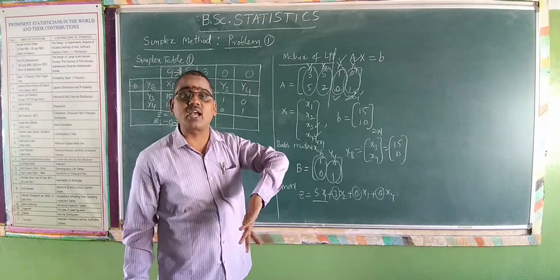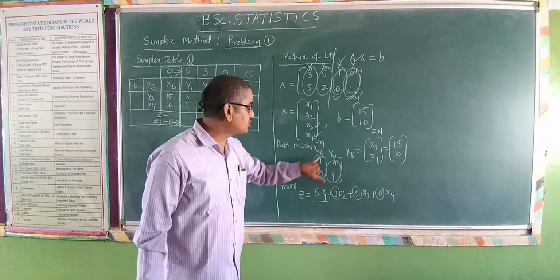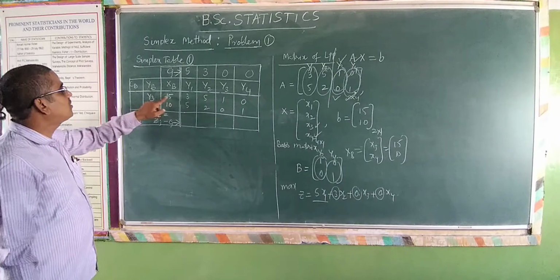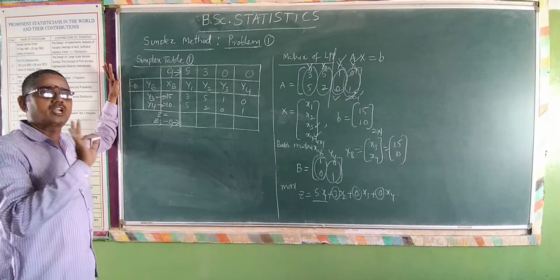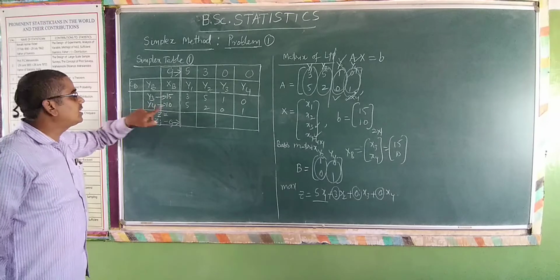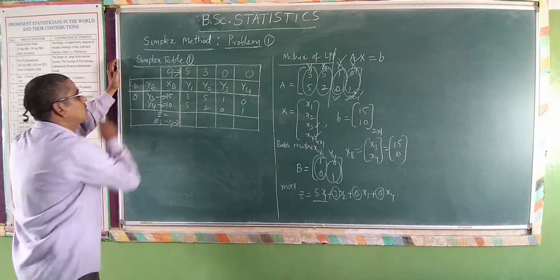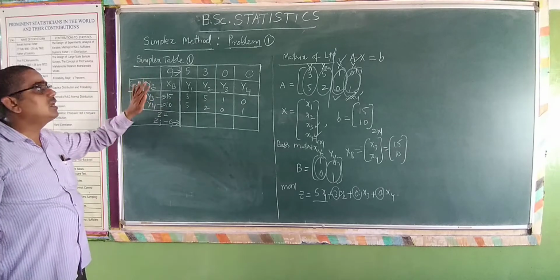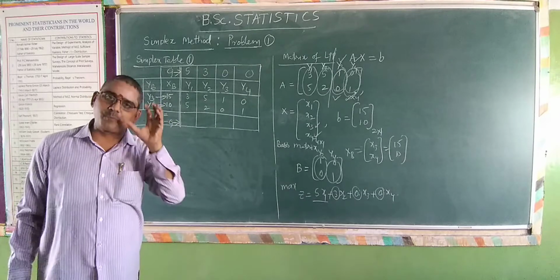So this represents the value of x3, this represents the value of x4. If here we have y2, then this is x2; if here is y1, then this is the value of x1. The cost of y3 is 0, the cost of y4 is 0. So YB, CB and Cj are only the associated values we are representing, that's all.